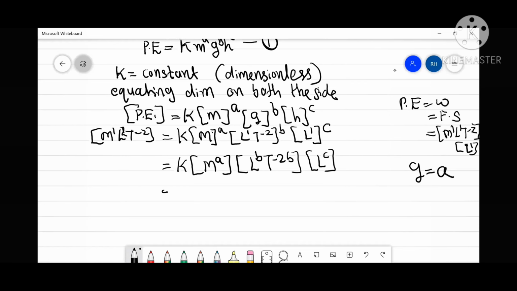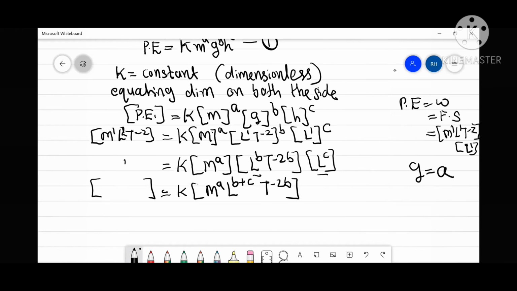Next step, we combine the M, L, T terms. M is only one time, so M raised to a. L is L raised to b and L raised to c, these two terms I add together, b plus c. And T is only one time, T raised to minus 2b. Now we equate the powers.